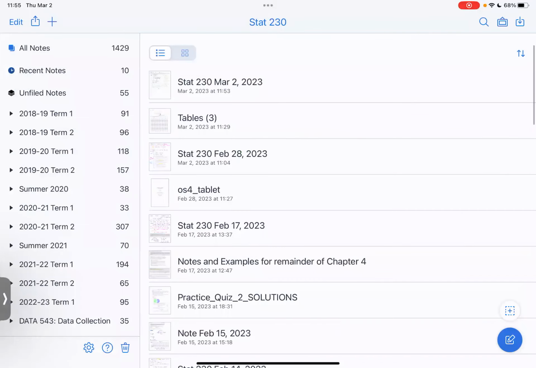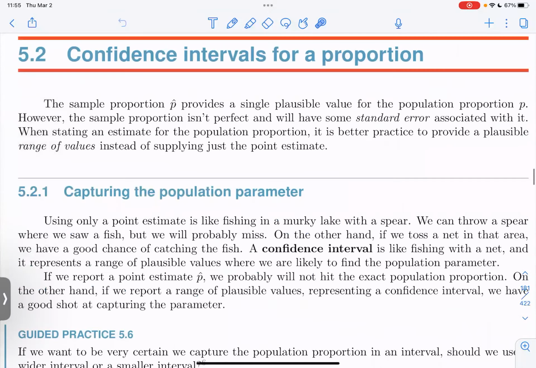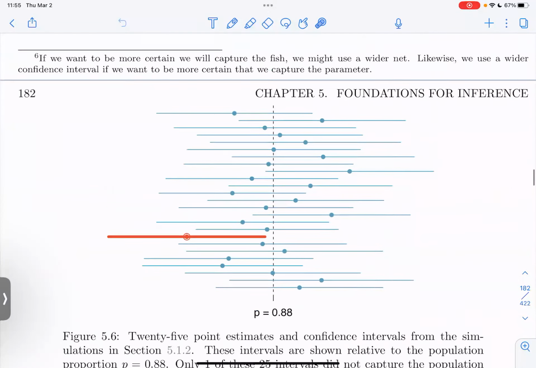We kind of did the active version of this. When I had the population proportion here, that is this dotted line. Then I had my sample proportion, which are all the dots.